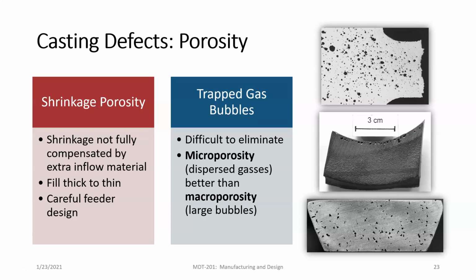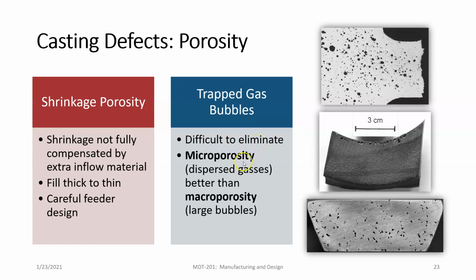So porosities. Shrinkage porosity means that the shrinkage is not fully compensated by the extra inflow material, right? So we didn't have enough material to begin with, so it started to shrink, but there wasn't additional material to fill that void, and so we have problems there. How do we remedy this? Careful feeder design, right? The other type of porosity is, like I said, trapped gas bubbles. These are difficult to eliminate.